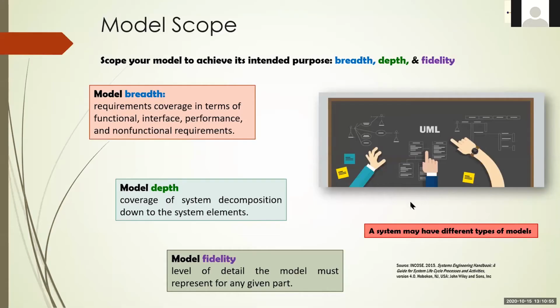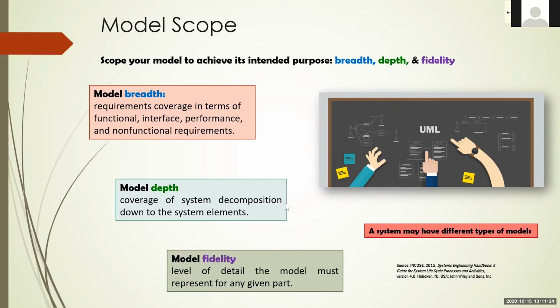Another important thing is that when you are working in developing a system, most probably you will not do only one model. Most probably you will do a couple of models. So for example, you may want to understand which are the operational modes of the system. So then you have it at the system level.